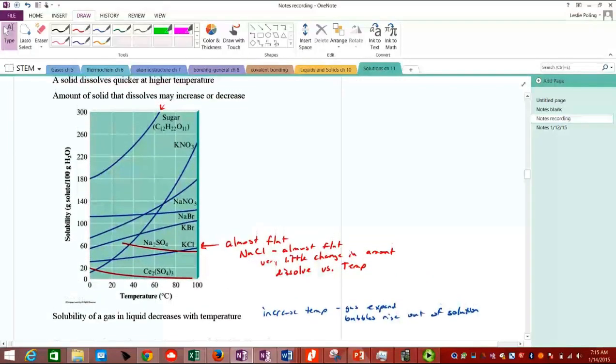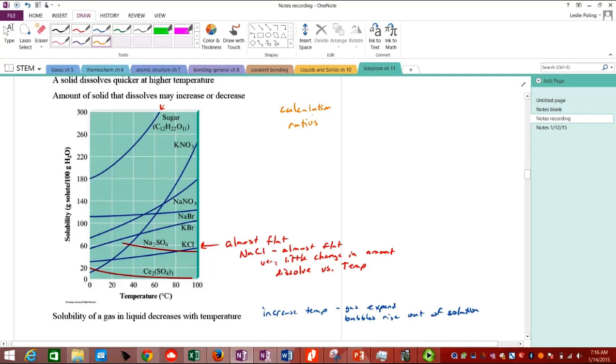So, calculation-wise, what might we do with this? We would need to look at a chart, and we would really just be looking at ratios.